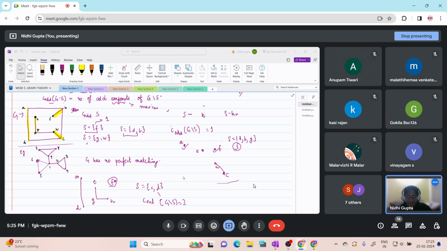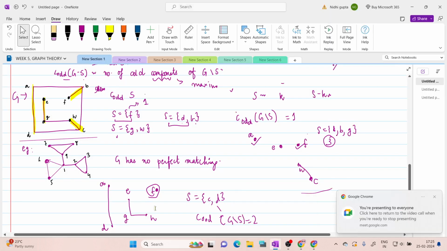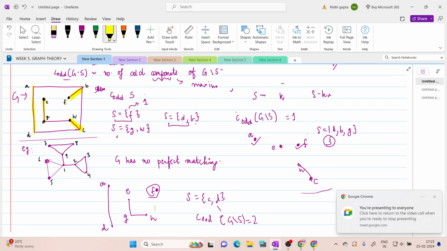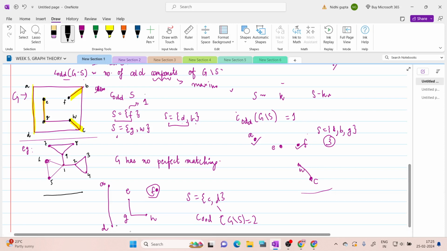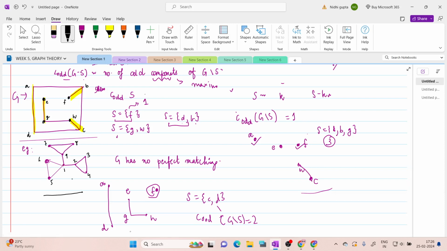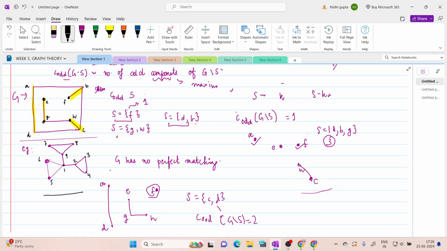Okay. Now in the second example, what do you think? Does the second example have a perfect matching? No, ma'am. If I remove vertex number one.